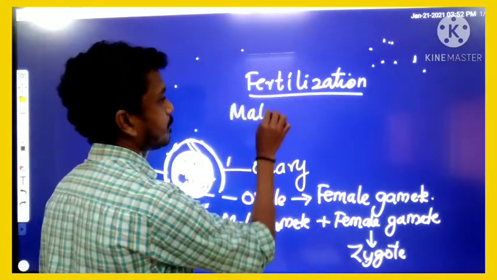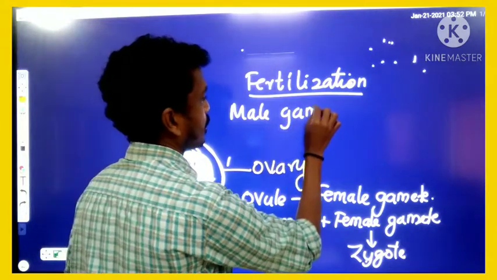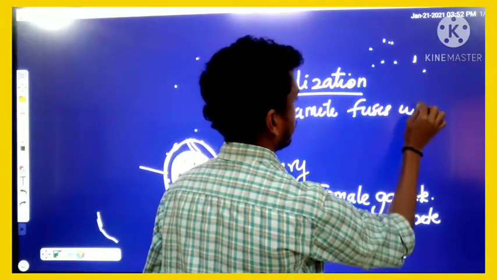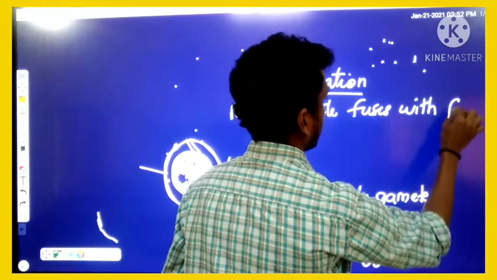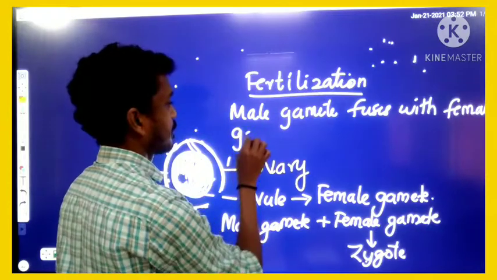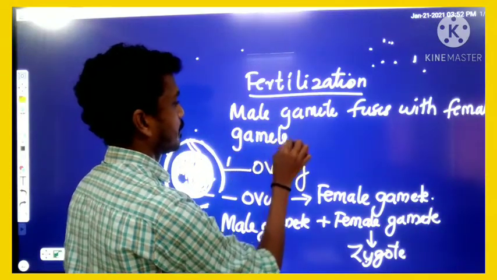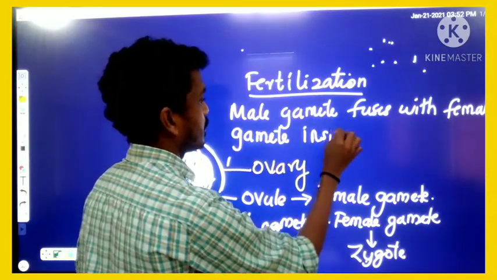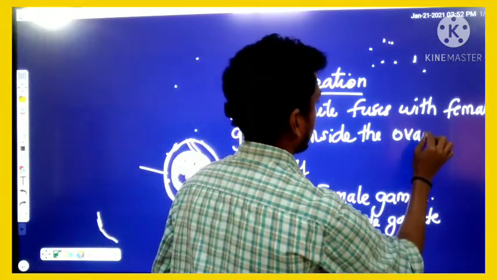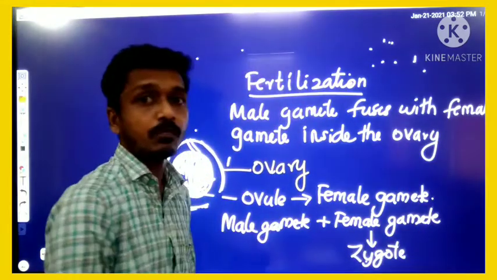The male gamete fuses with the female gamete inside the ovary. That is called fertilization.